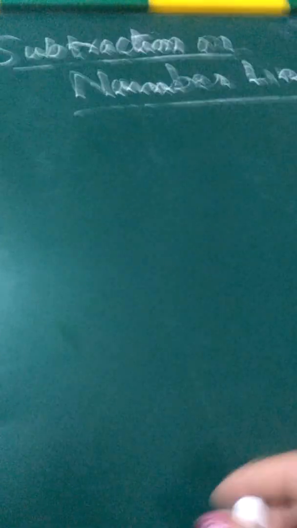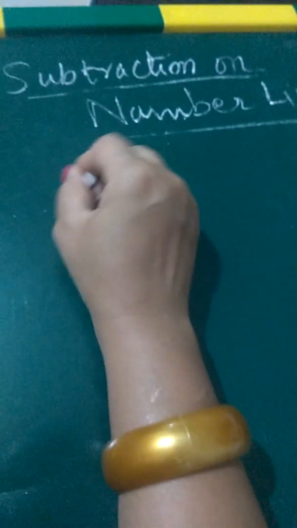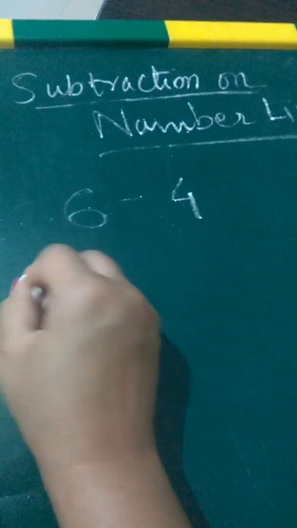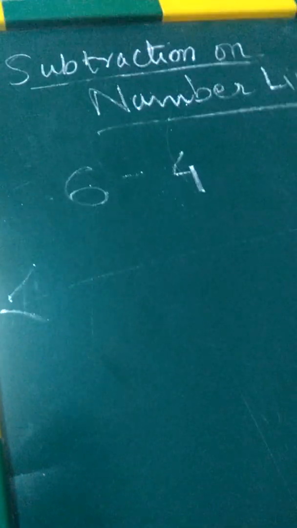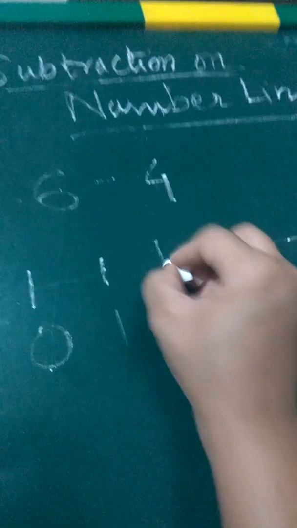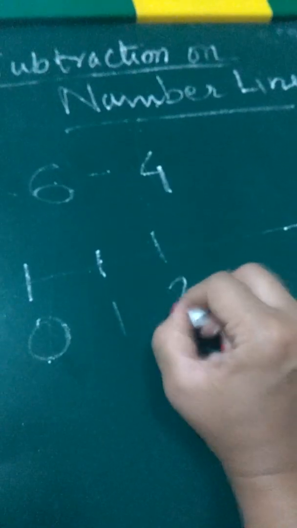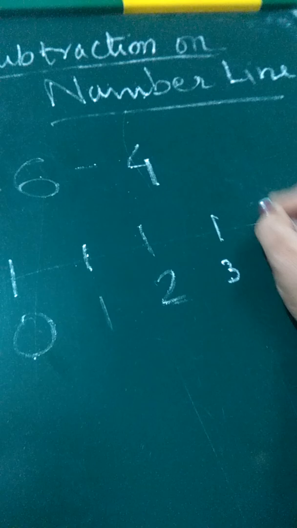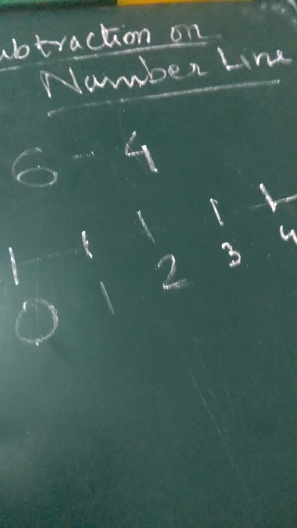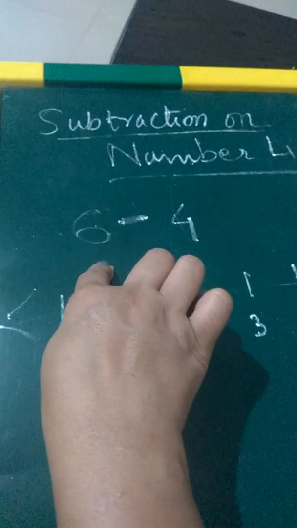Let us do subtraction on number line. Suppose the question is 6 minus 4. So this is the number line. I will draw the points. 6 minus 4 means I have to start from the point 6.